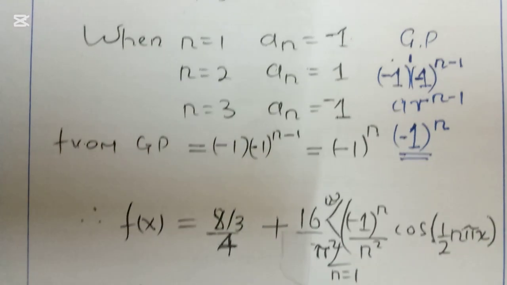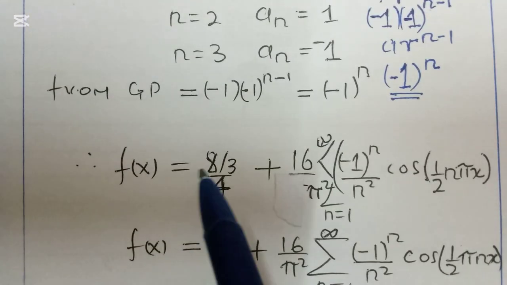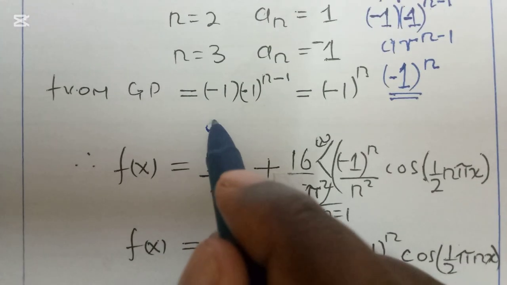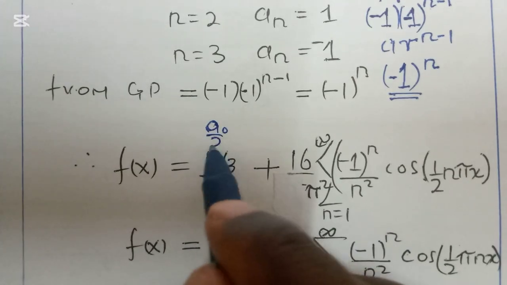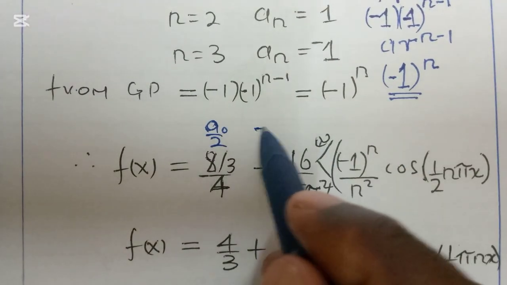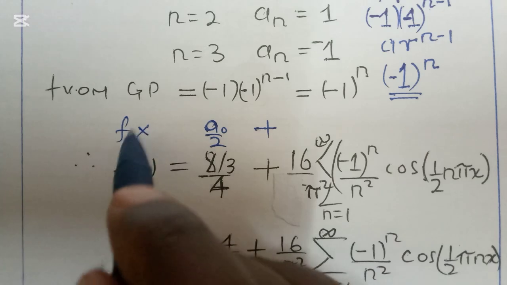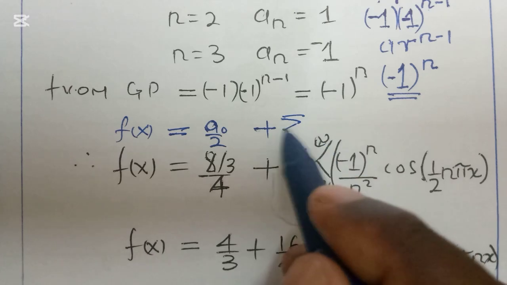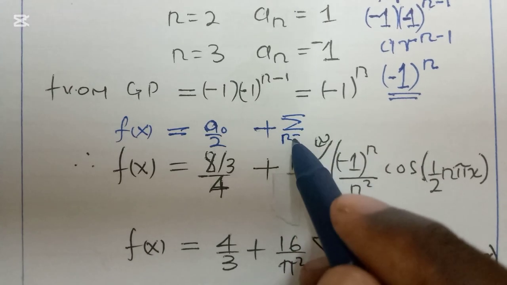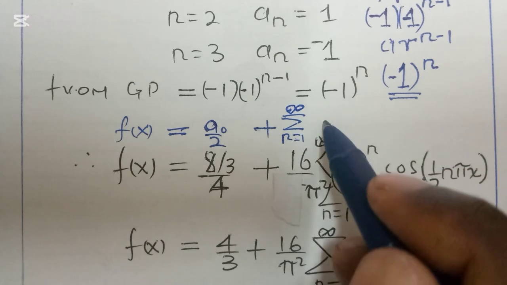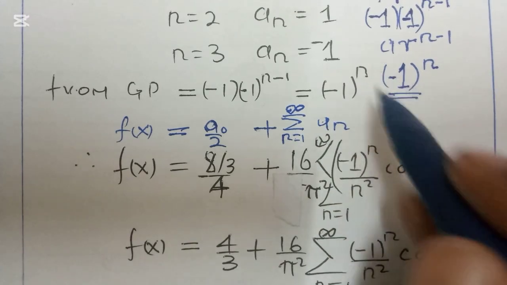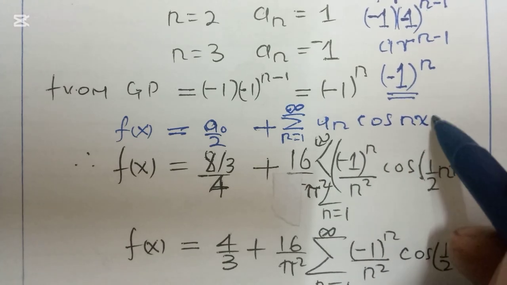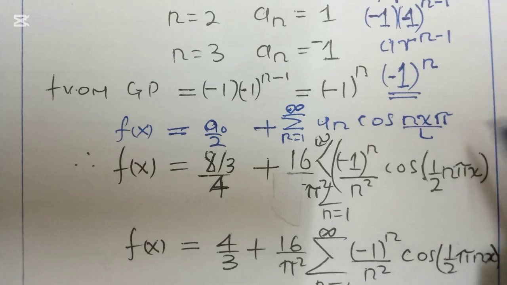So when we come here, we can now write our solution. From our equation, we had A0 all over 2, plus, that is our f(x) equation, A0 plus a summation from n equals 1 to infinity of an cos n x pi all over L. That is our equation.